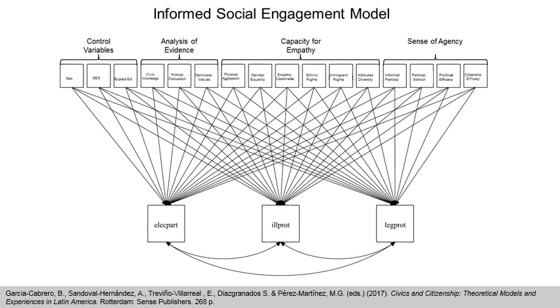And in turn, we could say that sense of agency can be defined as informal participation, participation in school, political efficacy, and citizenship efficacy.